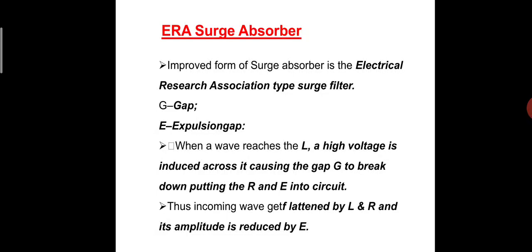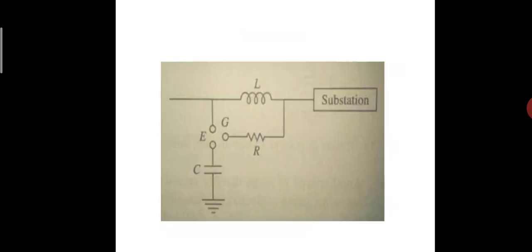When a wave reaches the L, a high voltage is induced across it, causing the gap G to break down, putting R and E into the circuit. The incoming wave gets attenuated by L and R, and its amplitude is reduced by E. See the diagram, substation.